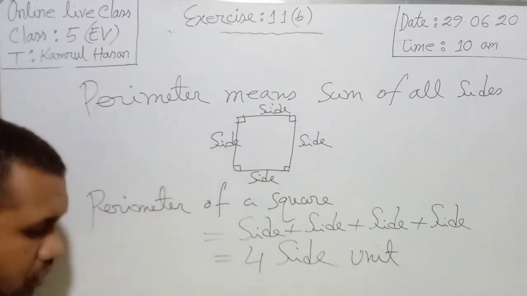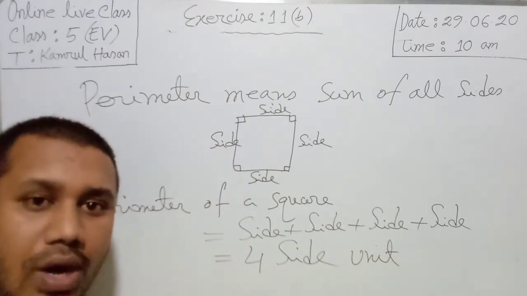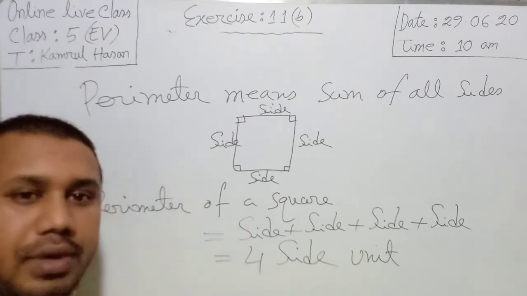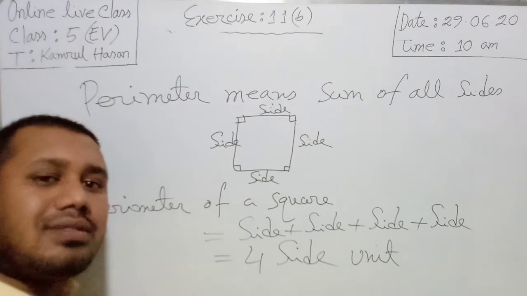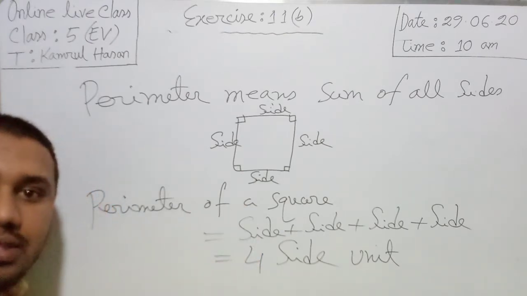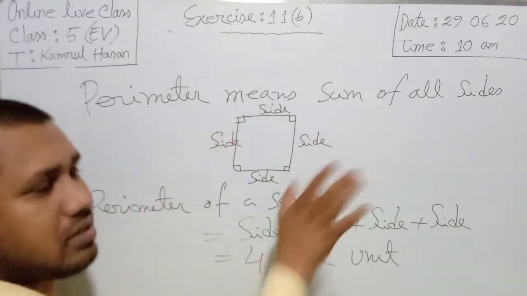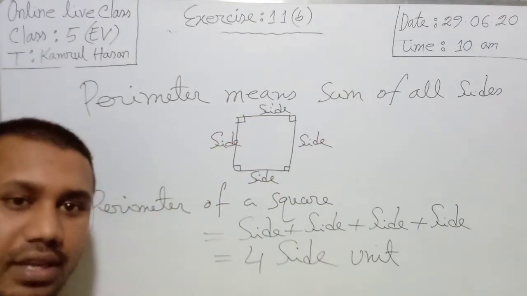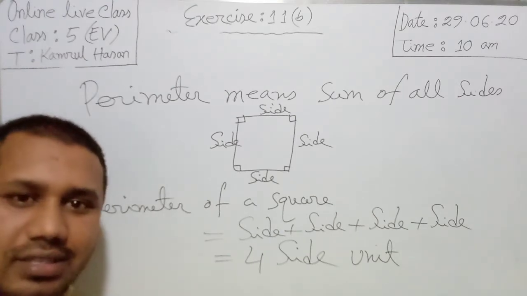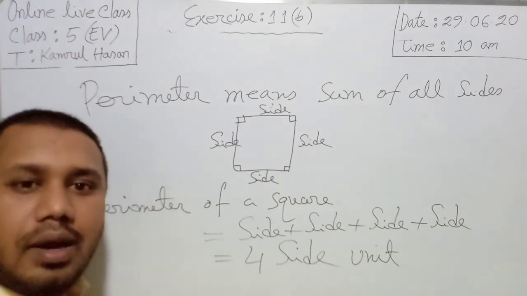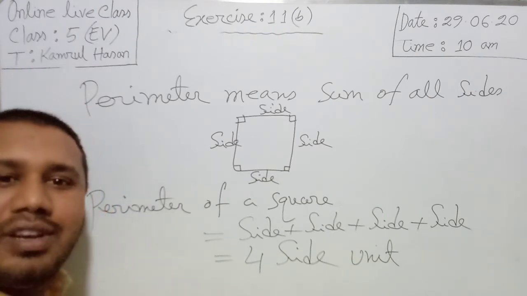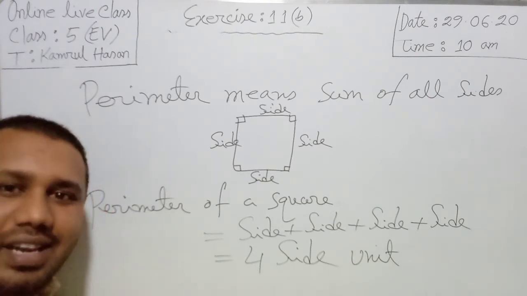So if you know the length of one side, then you can say the perimeter will be 4 into the value of this side. That is the perimeter of a square. If we say the perimeter of a triangle, we know a triangle has 3 sides. So if we add these 3 sides of the triangle, then we will get the perimeter of the triangle. Yeah, very simple.